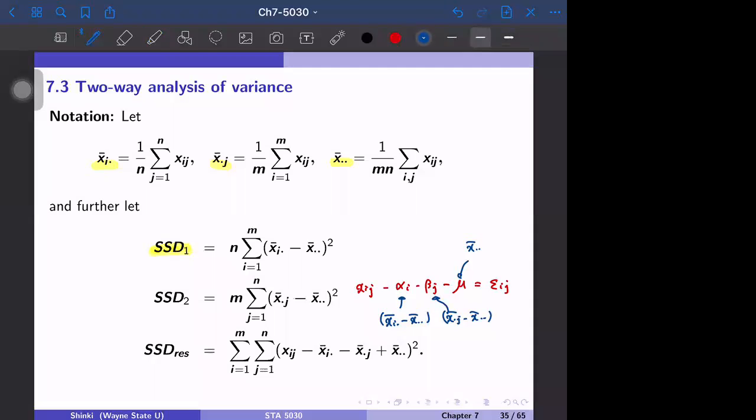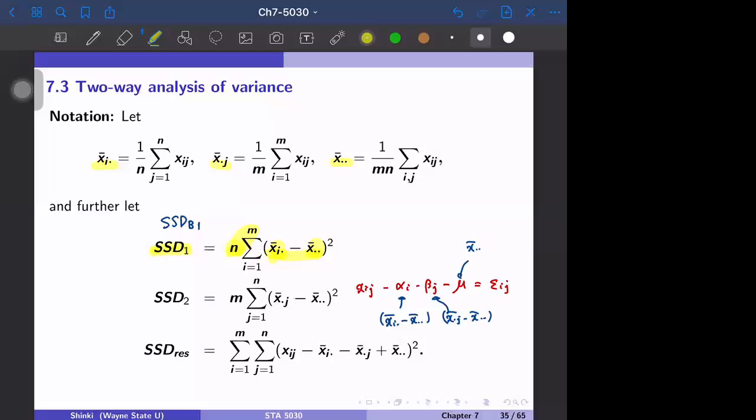This is n times the summation, i equal to 1 to m, of x_i dot bar minus x dot dot bar squared. This is the difference between the overall mean and the i-th level mean, the between variation for the first factor. To make the overall number of terms equal to m times n, we multiply by n here.